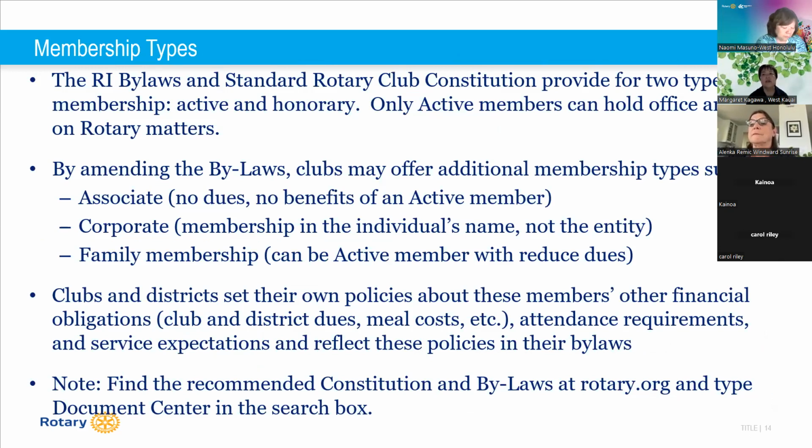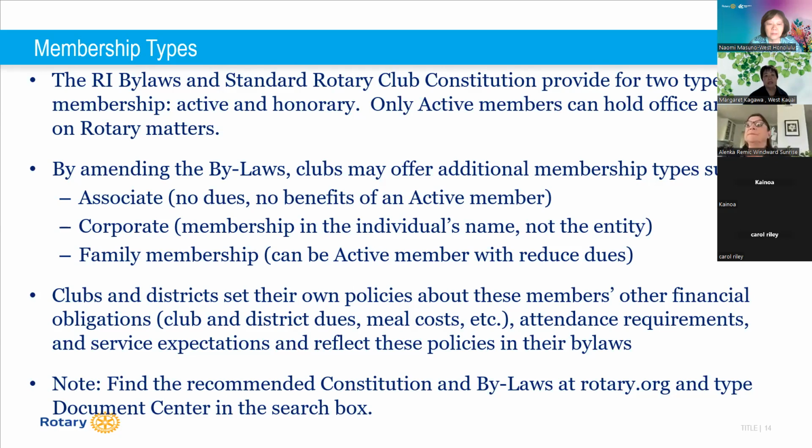Okay, so according to Rotary International bylaws and constitution, there's two types of membership, active and honorary. Only active members can hold office, and this is what your membership invoice is going to be based on, the active members.